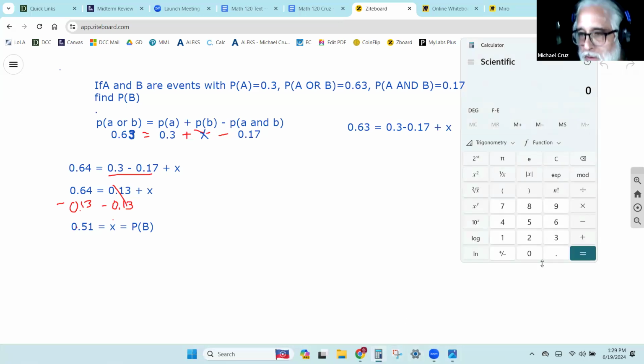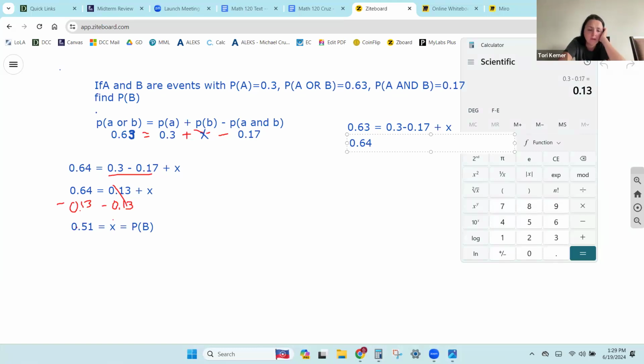So 0.3. That's not right. So 0.3 was right. Yeah, it should be 0.50. I had just written things down wrong. I had 0.64. Yeah, it's right. They make you write it in decimal. 0.5 is the right answer.